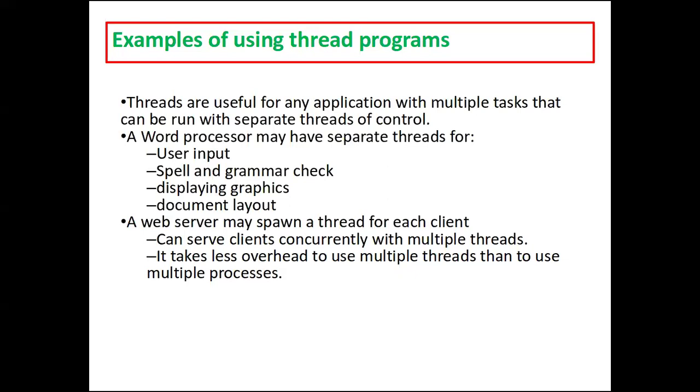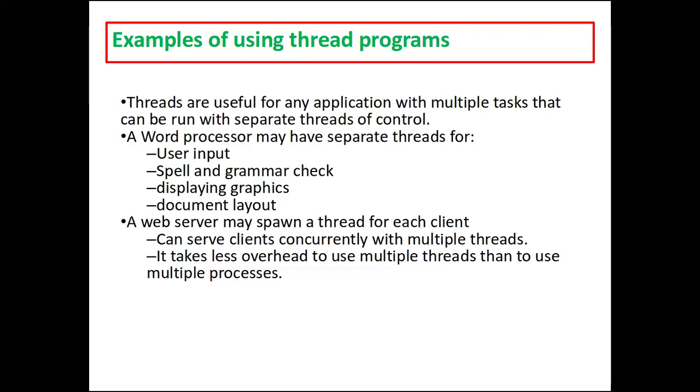A web server may create a copy of a thread for each client, as we saw in Postgres. Each client request is handled by a separate thread, and the server can serve clients concurrently with multiple threads. Many clients are handled at the same time.